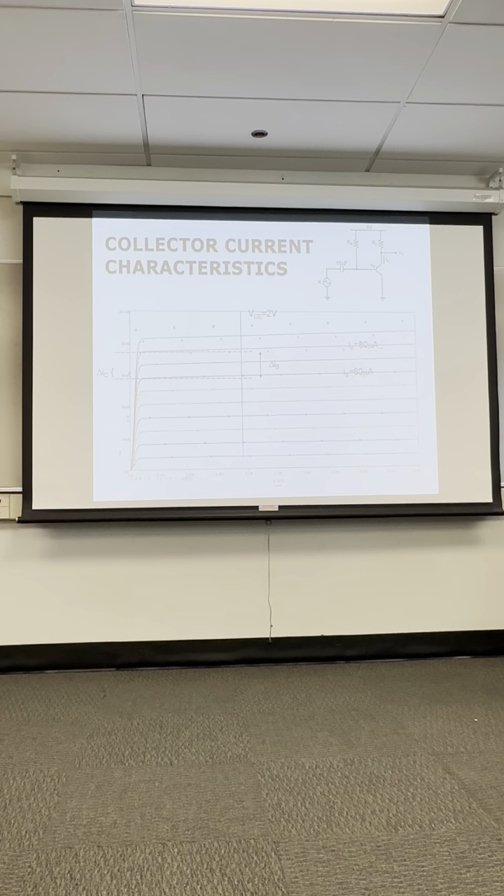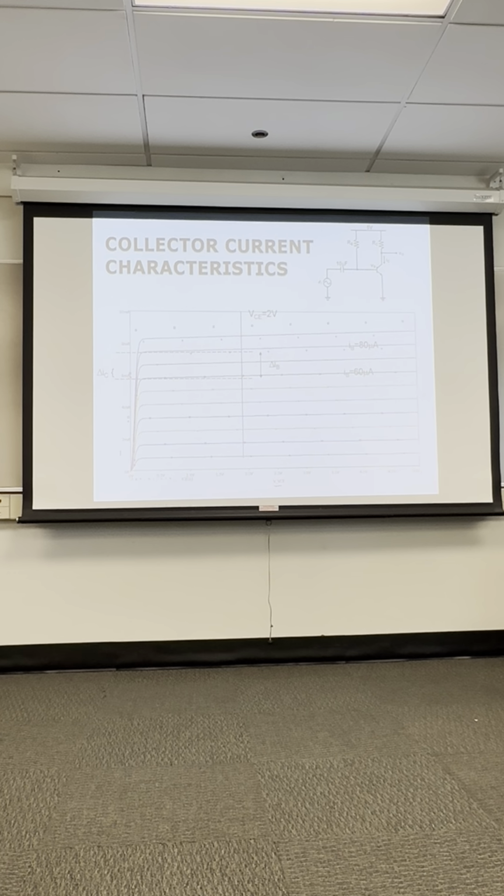Each one of these curves is a combination of collector emitter voltage and base current. You notice there's very little variation as the collector emitter voltage changes. I would take an example, here's one around 60 microamps of base current. You can choose any of these collector emitter voltages, and 60 microamps on the base is equivalent to around 6 milliamps of collector current over here.